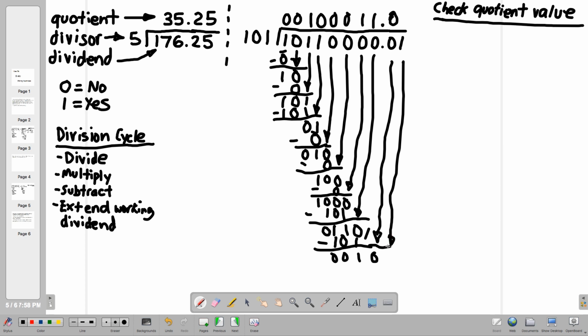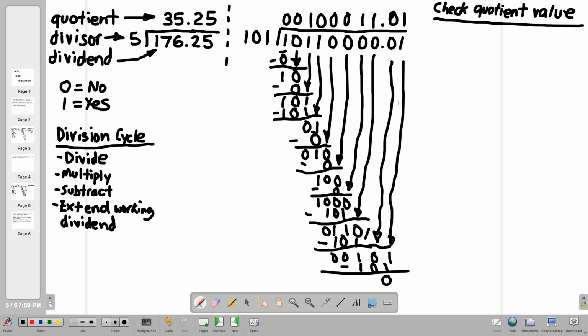So that's the value 101. And so we have the value 101, which is 5. So we ask the question, does 5 go into 5? And the answer is yes. So 1 goes here, and then 1 times 5 is 101. And next we subtract, and we get the value 0, and that tells us we can't go any further.